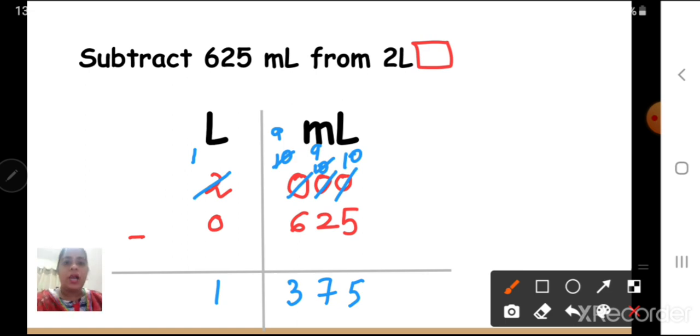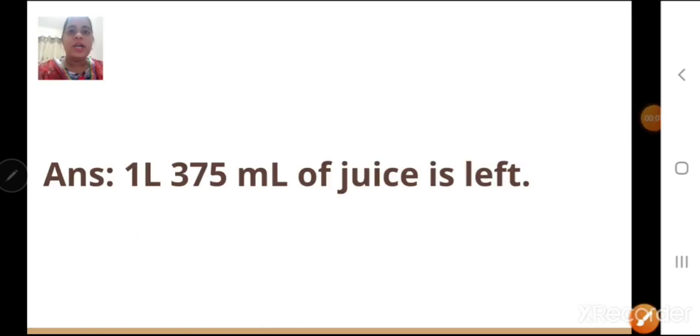So children, our answer is 1 liter 375 milliliters. So this much juice is left. Children, write down the answer. 1 liter 375 milliliter of juice is left.